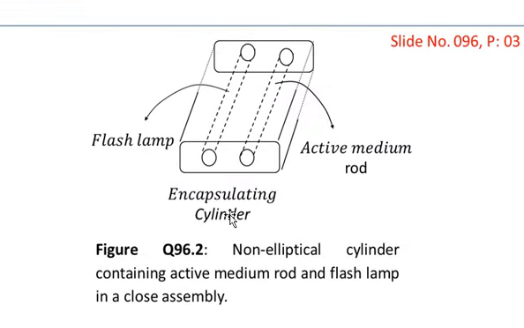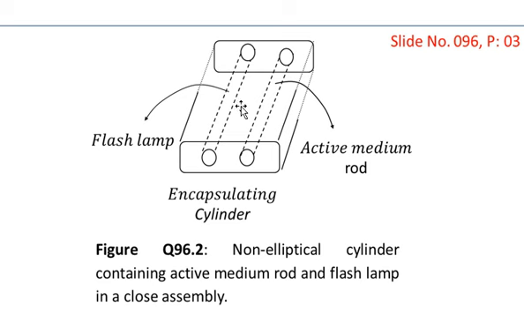You can consider this figure. This is a geometry similar to the previous one, where you have the flash lamp and the active rod lying parallel to each other. But this is contained in a cylinder which need not be cylindrical.